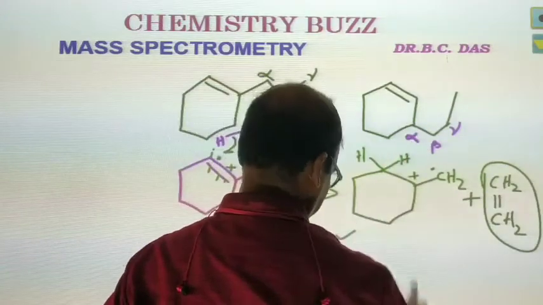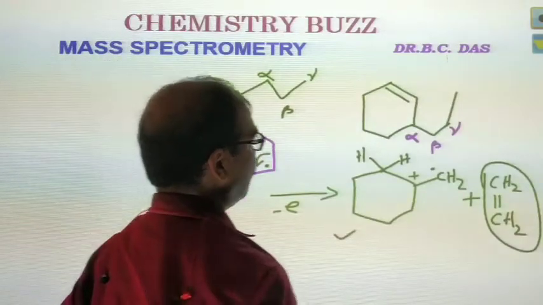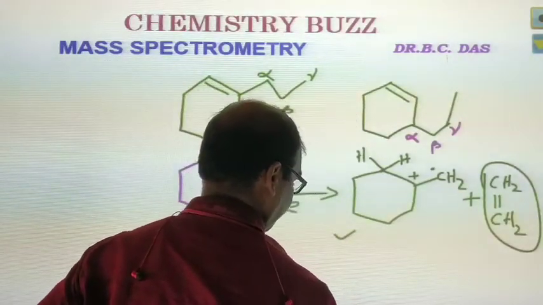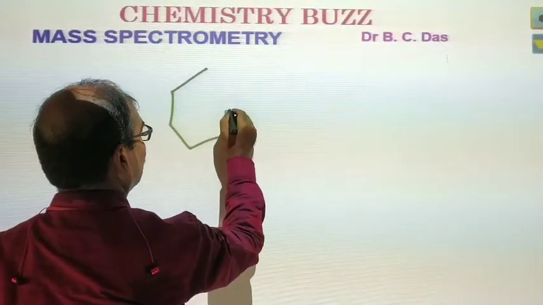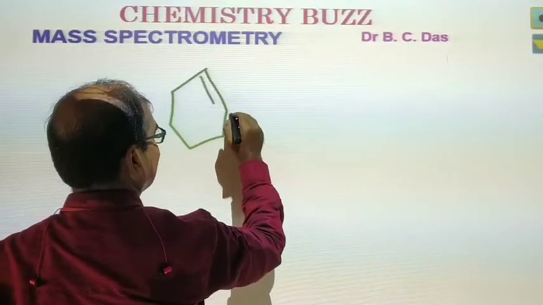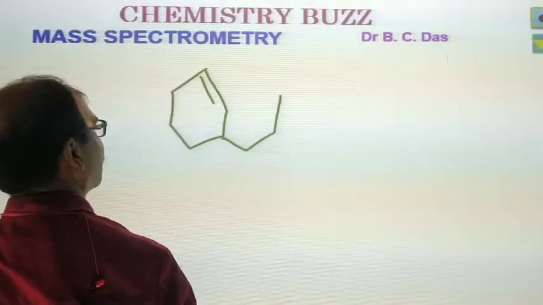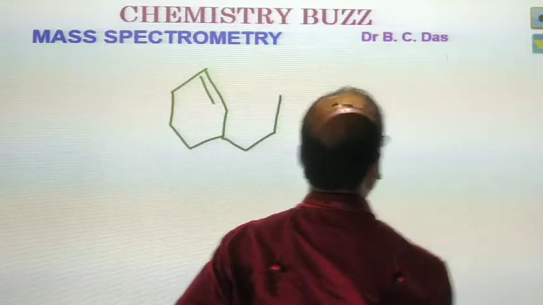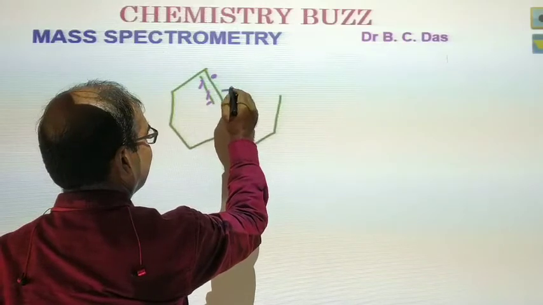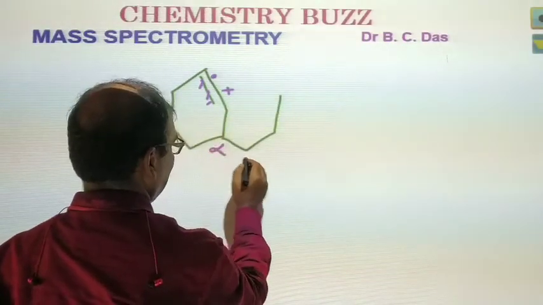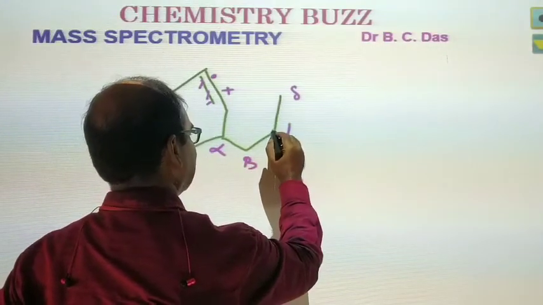If you take this other one, then we have to see whether the McLafferty rearrangement will occur or not. We have this compound like this, and here it is in this way. When the bond polarization occurs, here it will be dot and plus. So this is alpha, beta, gamma, and this is delta, and the gamma hydrogen is there.